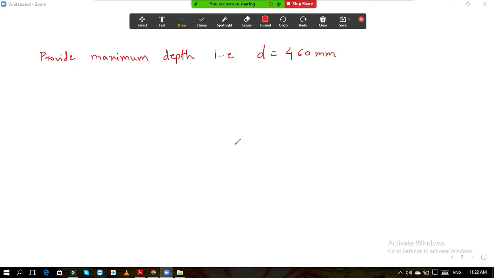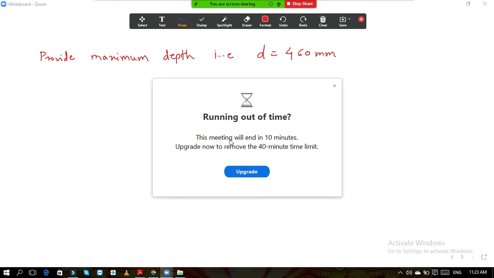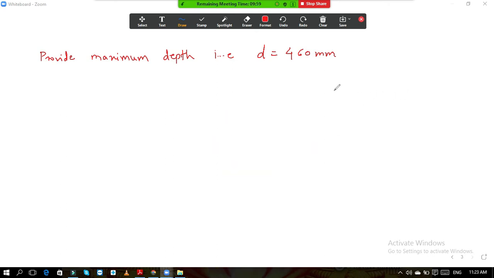Okay, now generally for the footing we assume the clear cover of 50 mm, and we consider the minimum bar diameter as 16 mm, because the footing carries heavy loads. For slab we go for 10 mm dia bars. For footing normally, it is not a rule, but on site it is in practice that we go for 16 mm bar diameter.